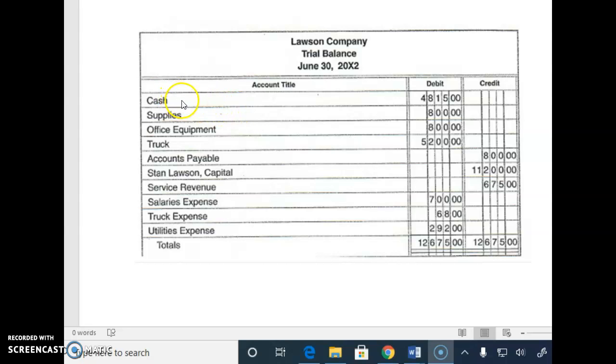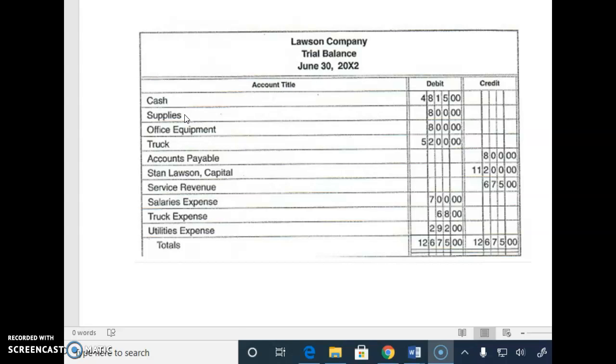That's why cash is always first, because cash is already cash. And then supplies, you know you're going to use supplies before you use office equipment. Office equipment would be like a desk, a chair, a computer, something like that, that's going to last a while. Supplies are usually used within the accounting cycle, so they're listed first.